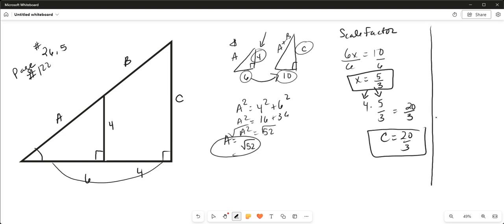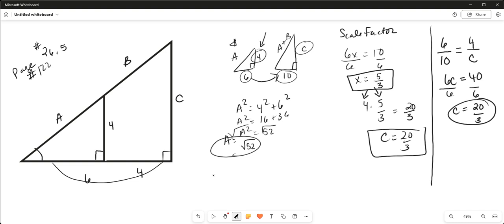If we use proportion, then I could compare the small triangle to the large triangle, with the same proportional side, small triangle to larger triangle missing side. Cross multiply and reduce, which would also give me 20/3. Okay, so we have a and we have c.